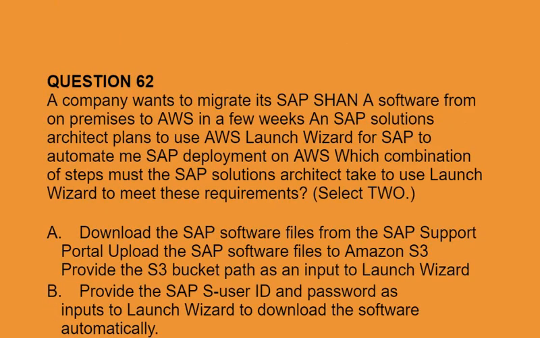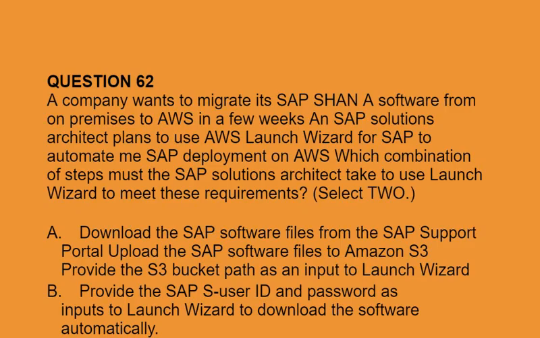Question is: a company wants to migrate its SAP S/4HANA software from on-premises to AWS in a new week. An SAP solutions architect plans to use AWS Launch Wizard for SAP to automate the SAP deployment on AWS. Which combination of steps must the SAP solutions architect take to use Launch Wizard to meet these requirements?